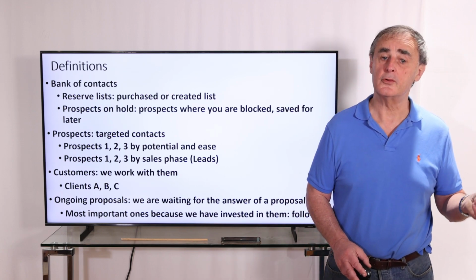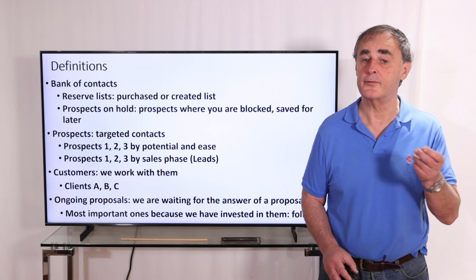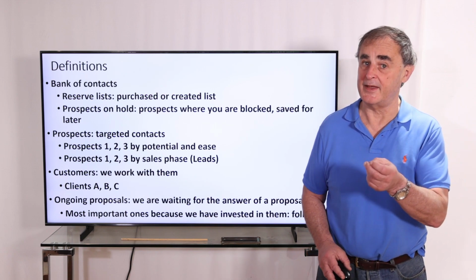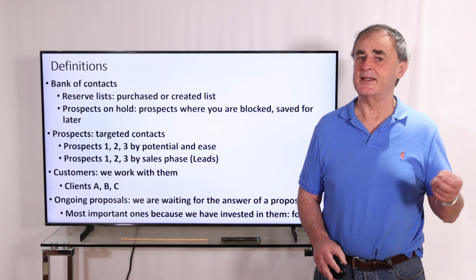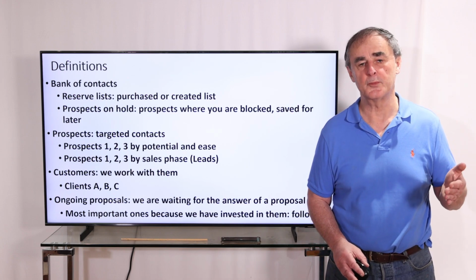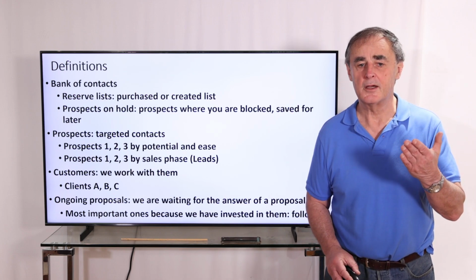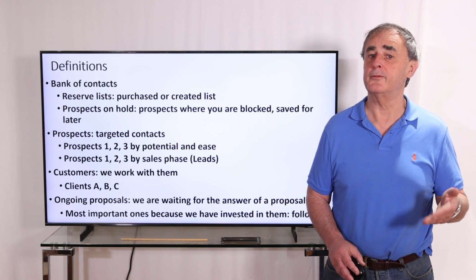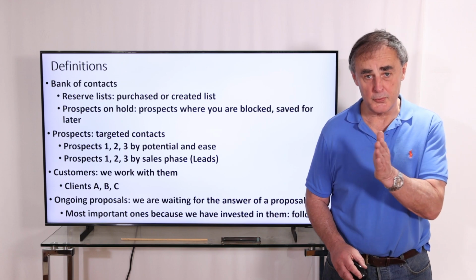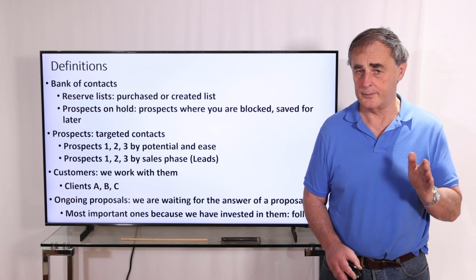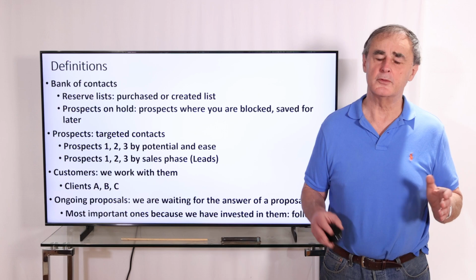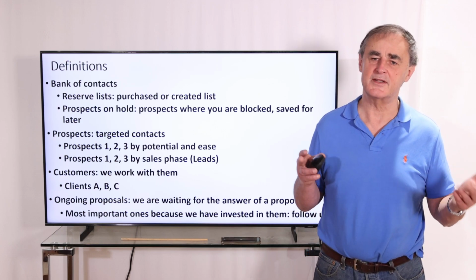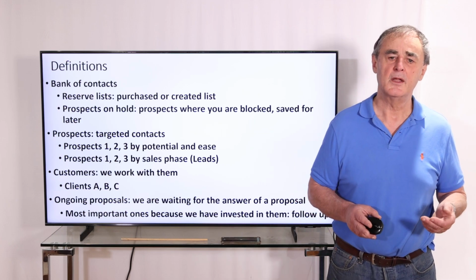Or you can also say prospect 1, 2, 3 by sales phase or sales step. That means prospect 1 would be somebody that you talked to only once, or known. 2, that you had a few contacts with, and 3, you are very close to selling. So depending on the kind of sale, you can decide one or the other.